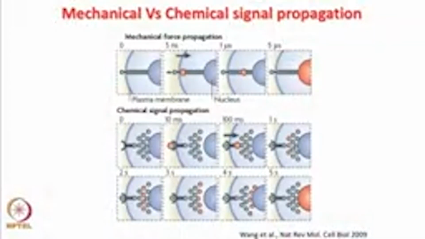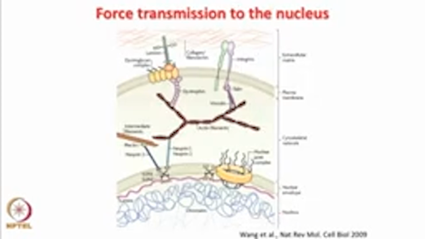And this fast propagation in case of mechanical signal propagation is mediated by the cytoskeletal network, which on one end is attached to molecules like integrins, which link the outside of the cell to the inside. So, as this picture depicts, the integrins are binding to the extracellular matrix on the outside and they are connected via focal adhesions.